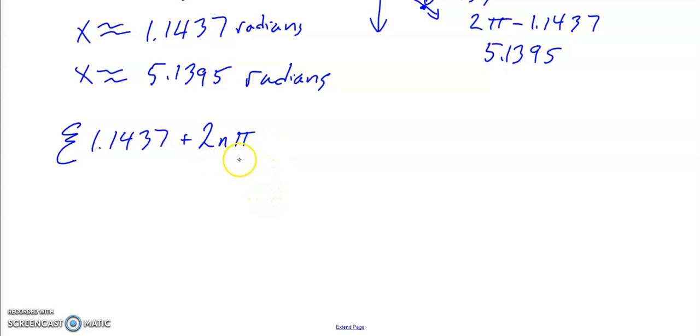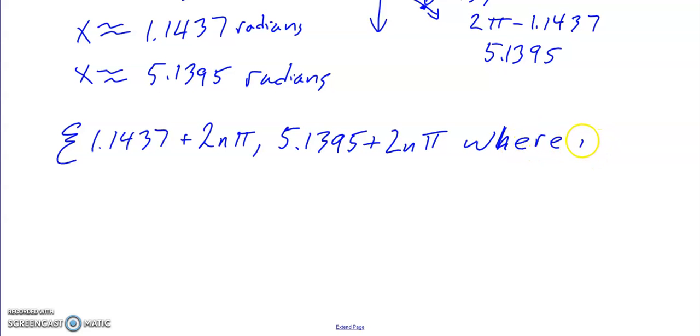So we're going to add 2n pi, and we can also be at 5.1395 radians, and again we are going to add 2n pi, because I'm finding all of the solutions, so we're going to keep going around the circle, and we specify that n is an integer because it could be positive or negative. Boom.